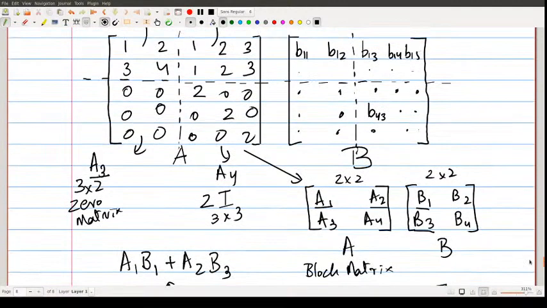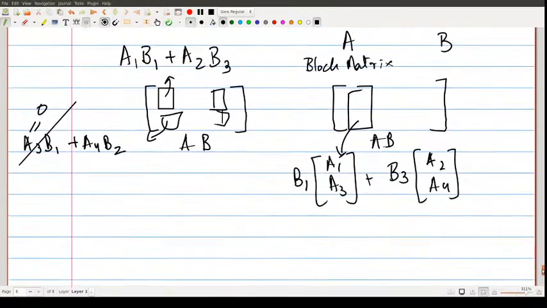And similarly, A4 B2 is sort of like multiplying the identity matrix by another matrix, right? So I can view this as A4 times B2, but A4 is just 2 times the identity matrix times B2, and the identity matrix multiplied by any other matrix is just that matrix. So this I can remove, and this entry will simply be 2 times B2.